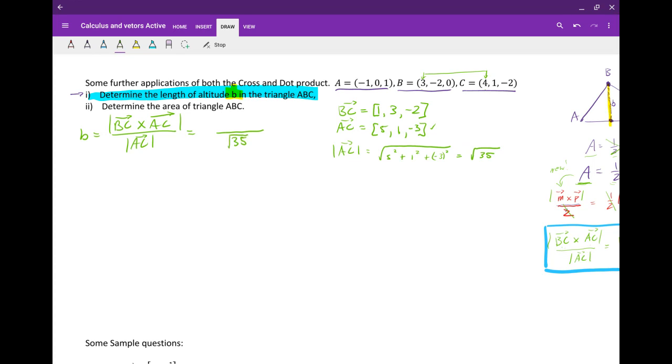Okay? And now, the only thing left I need is BC cross AC. That's going to be a vector. Remember that if you take the cross product of two vectors, you get a vector. And then I'm going to need the magnitude of BC cross AC.